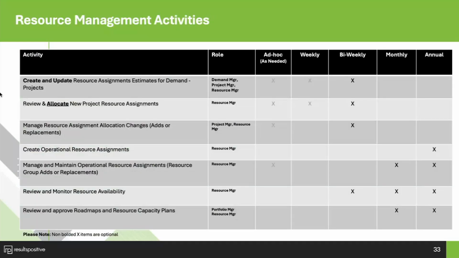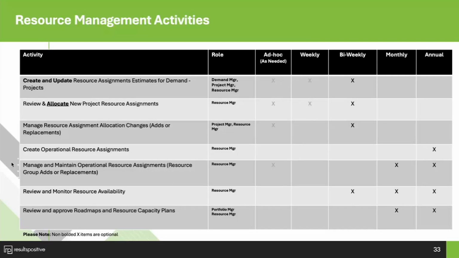And then we provide here a view, and this can be updated based on customer, of what are the major activities that need to be performed, what's the role that would need to perform those, and then what's the frequency. So you can see here is it weekly, bi-weekly, monthly, annual. What you'll see here is that at a minimum, you want to do all of the ones here with the big bold X. The gray ones are more optional.